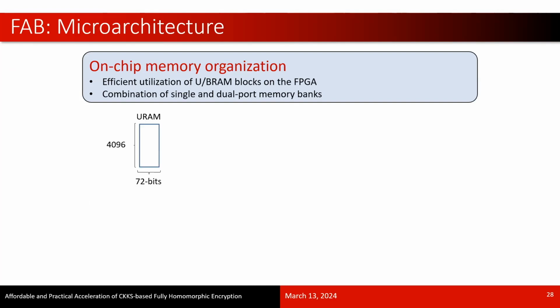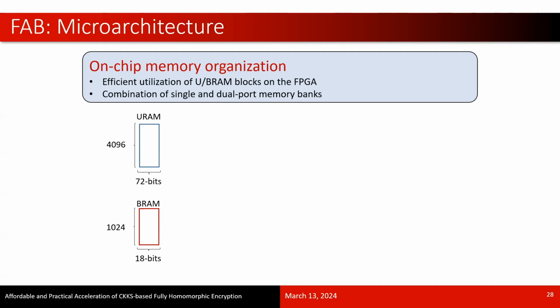The URAM blocks are 72 bits wide and 4K deep, and they can be used as a single port memory. The BRAMs are 18 bits wide and can be used as both single and dual port memory. So FAB uses a combination of the single and dual port memory banks that are constructed using URAM and BRAM blocks, providing a total capacity of about 43 MB on-chip memory.